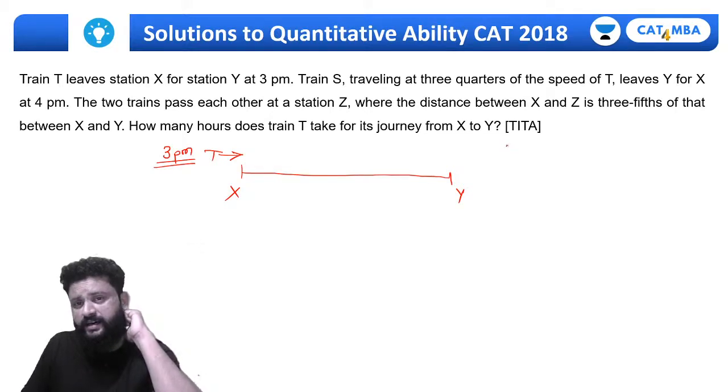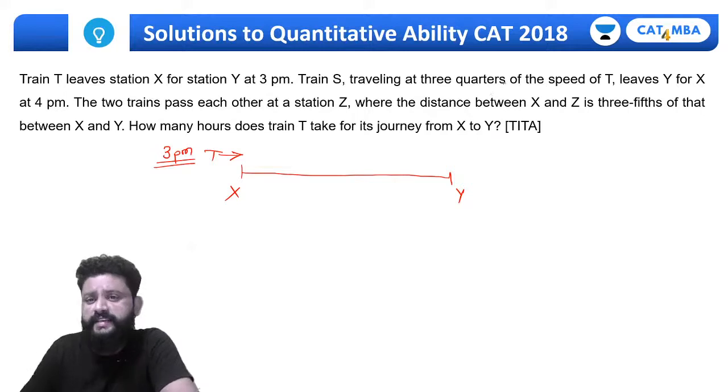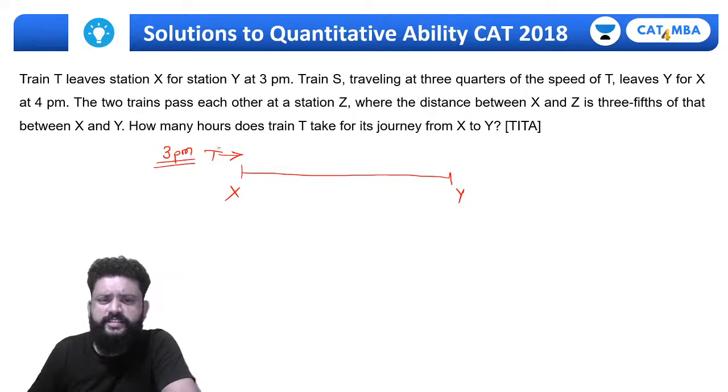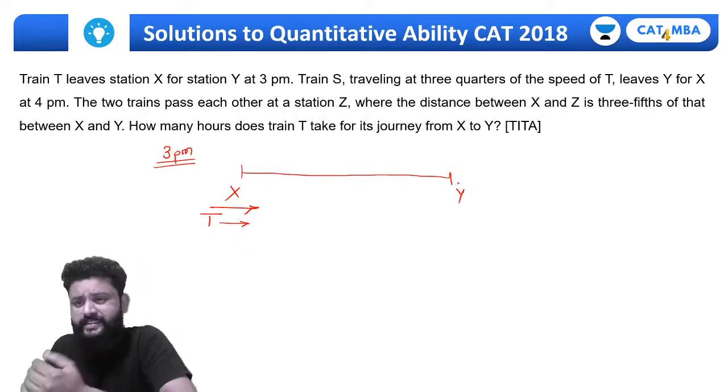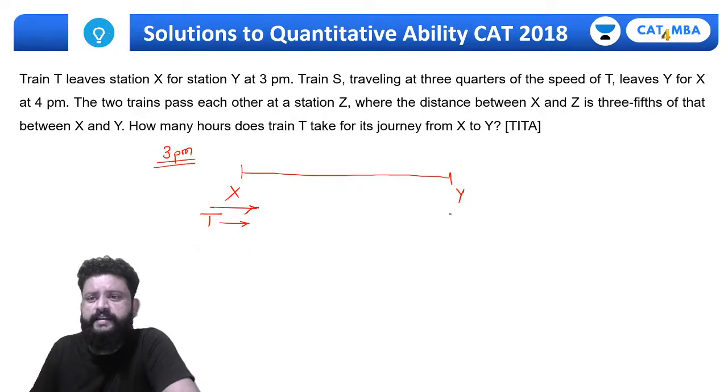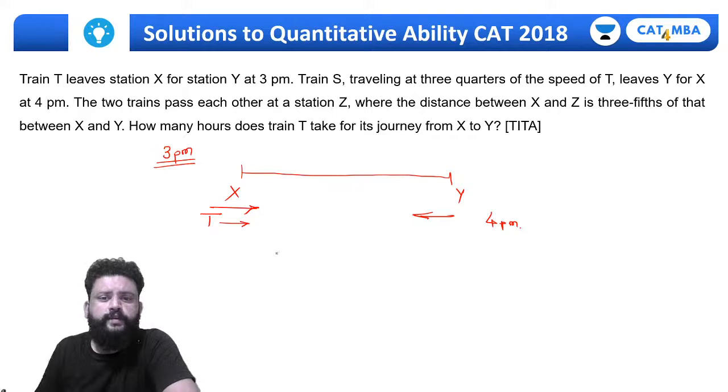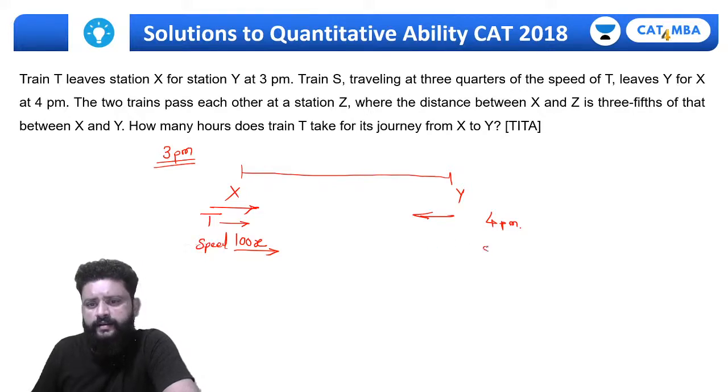The next thing is train S traveling at 3/4 speed. 3/4 speed means T का जितना speed है उससे 3/4. Whatever the T speed is, उसके 3/4 speed पे S is traveling and it leaves Y for X at 4 p.m. So I can take T speed as 100x and S का speed हम ले सकते हैं 75x.